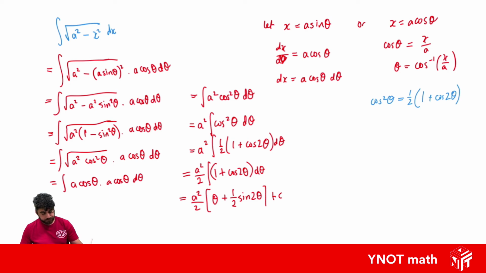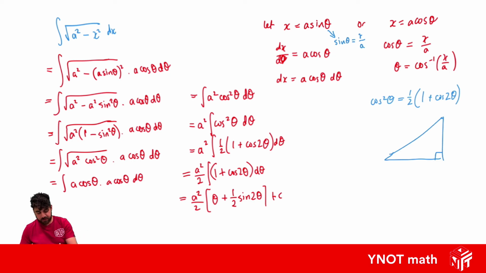Now, in order to fix it up, we're actually going to draw a triangle, because our original substitution of x equaling a sine theta, we could rearrange into sine theta equals x over a. And in our triangle, that's just our opposite over hypotenuse.